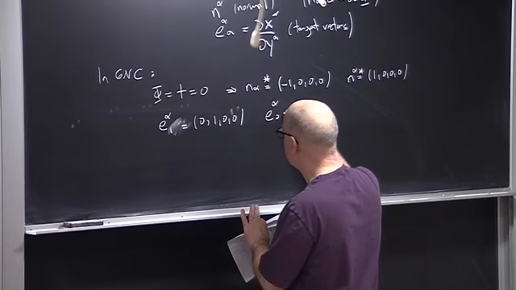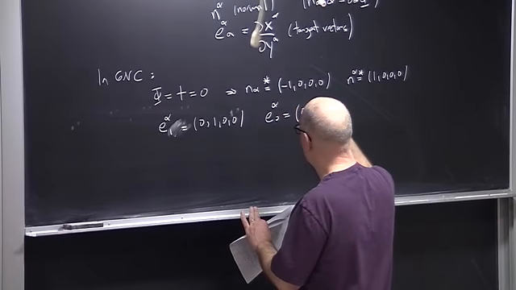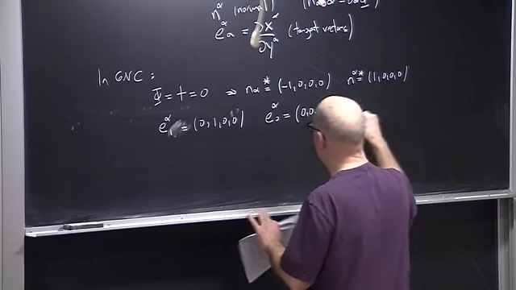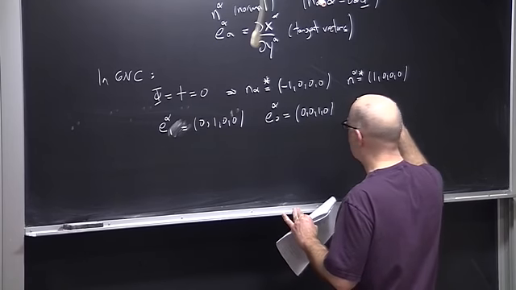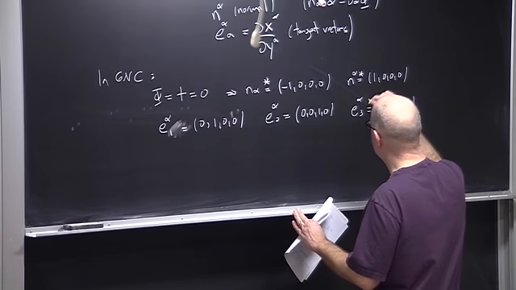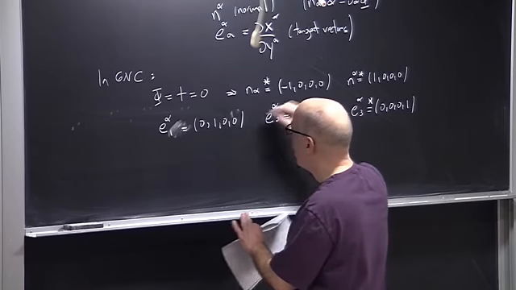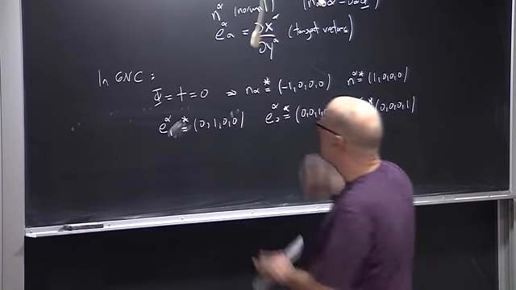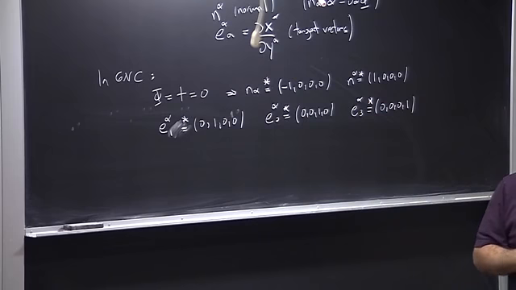E alpha 2 is going to be 0, 0, 1, 0. And E alpha 3 is going to be 0, 0, 0, 1. And basically, those are all the outcomes of the partial derivatives of x with respect to y.